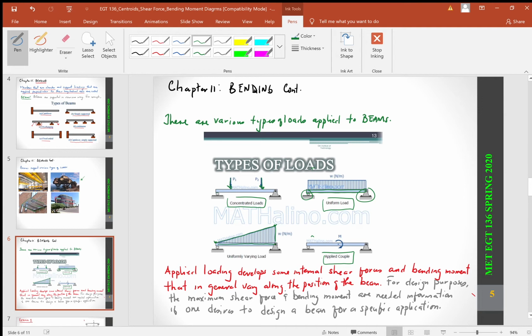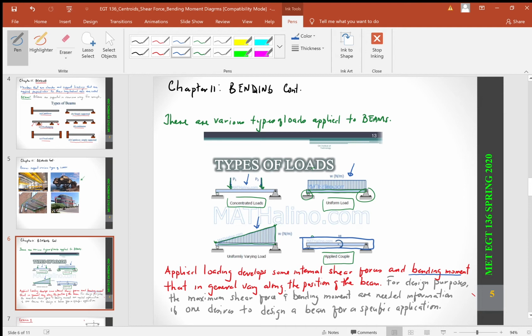The reason why we're going through this exercise is we want to be able to know what the internal shear forces are that these beams experience when you have these various types of loads on top of them, right? We also want to know how they're going to bend, because that will determine the type of material you choose and what type of loading conditions will be applicable.